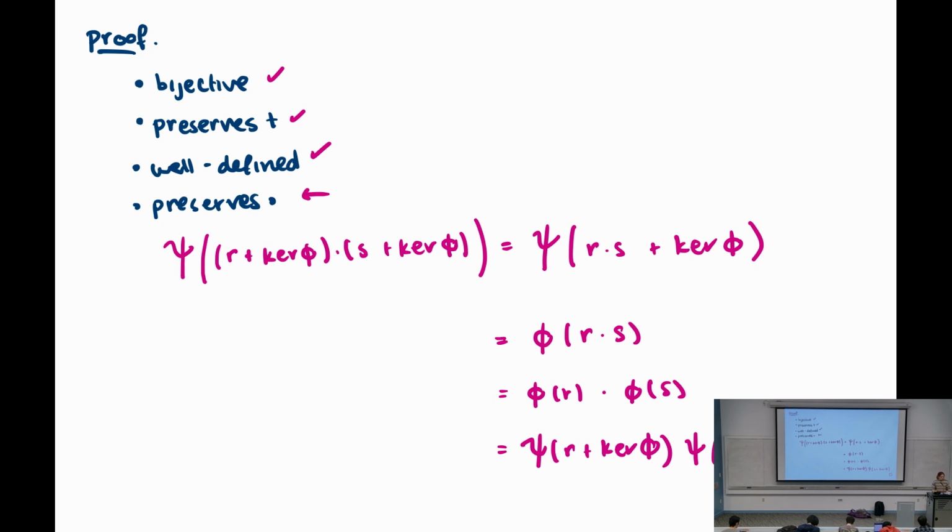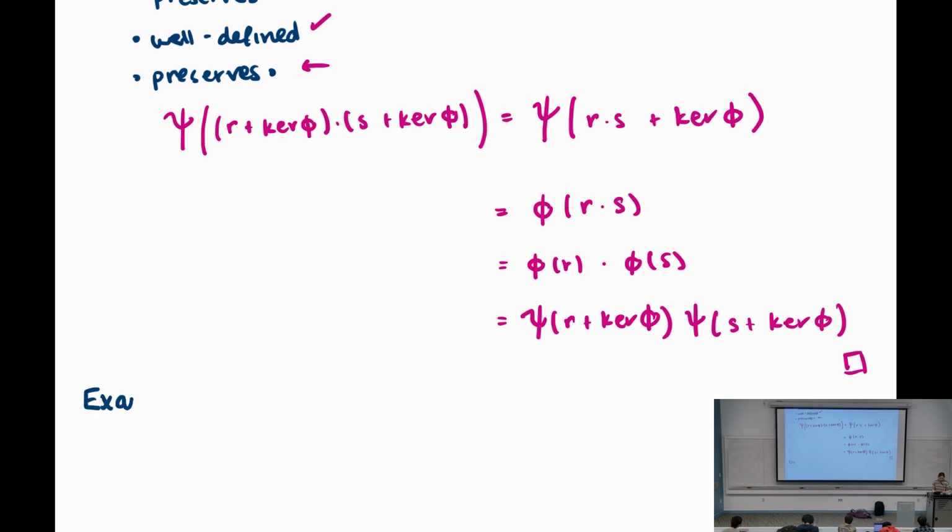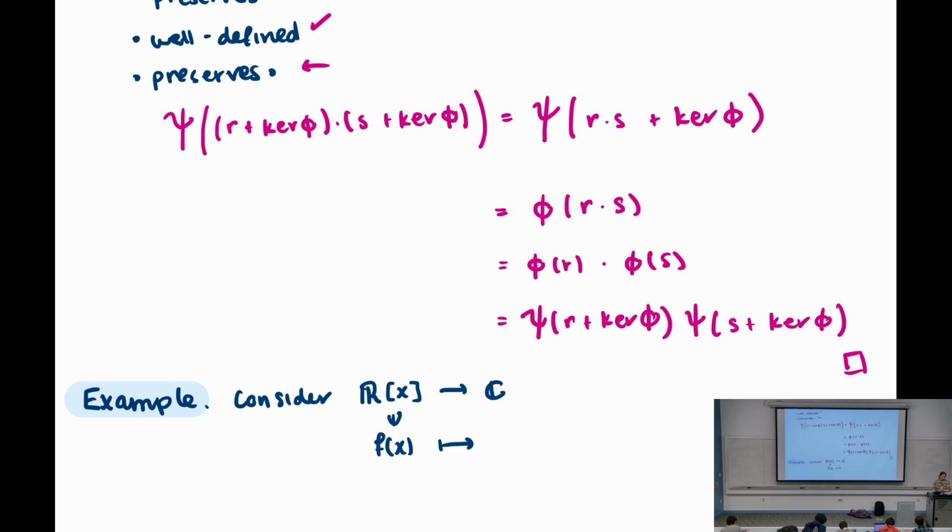Okay, so let's do an example. So let's consider the map from polynomials with real coefficients to the complex numbers given by, I'm going to send a polynomial f of x in here, I'm going to send that to f of i.